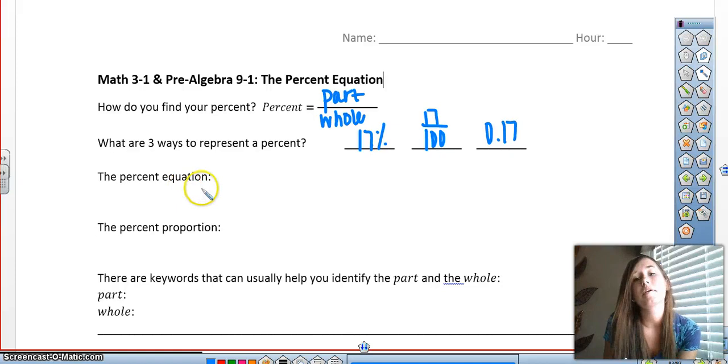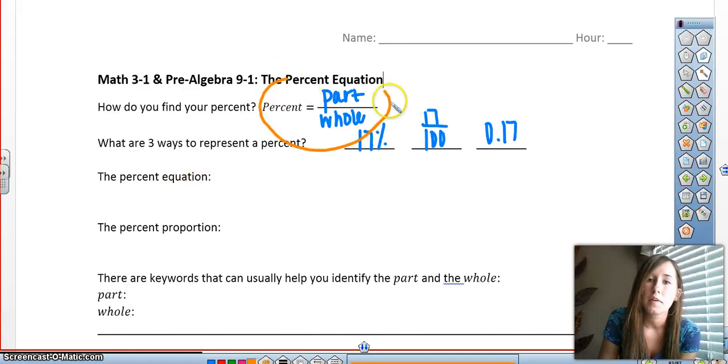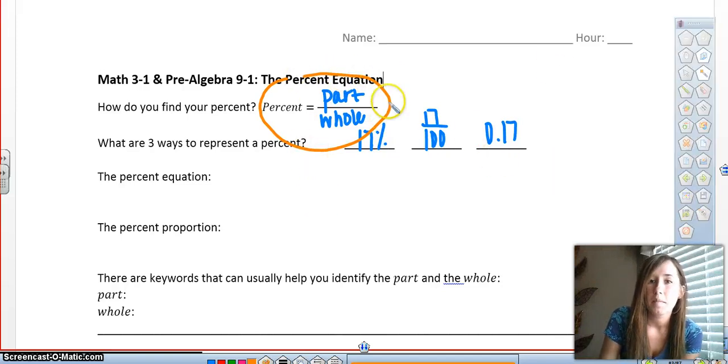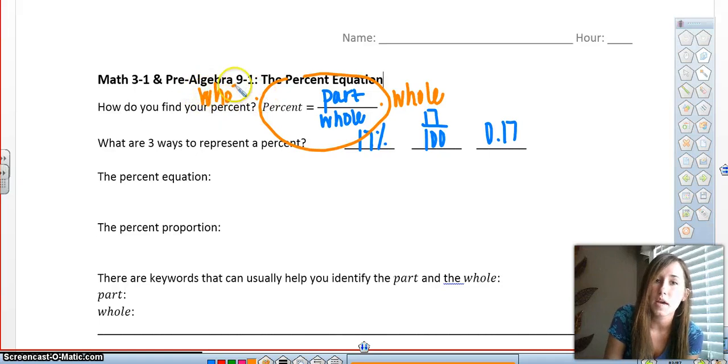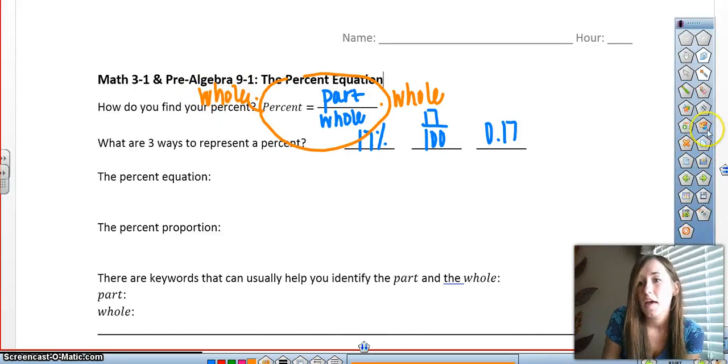We have something called the percent equation, and it comes from this idea of knowing that percent is the part divided by the whole. If we were to multiply both sides of our equation by the whole, we can do things to an equation as long as we do the same thing to both sides. Then when you take the part times the whole and divide it by the whole, the whole cancels out, and we just see that the whole times the percent gives us the part.